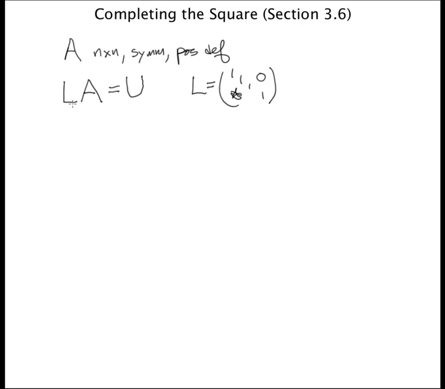If you multiply on the left by L, this is no longer symmetric. But if you take the same L and you stick it on the other side with the transpose, this is definitely symmetric. That's what I was saying on the previous page. Okay.